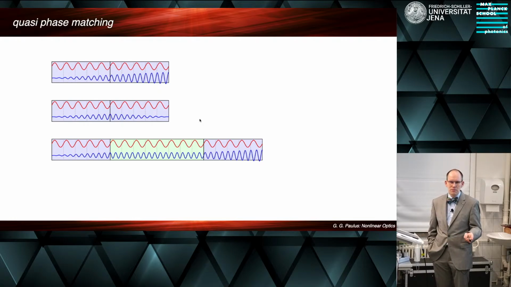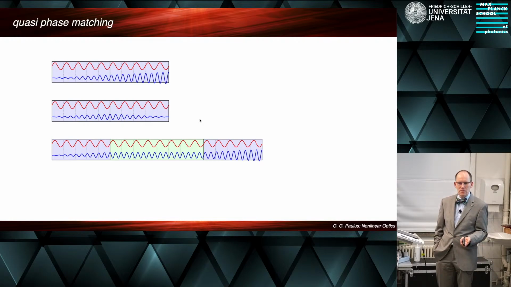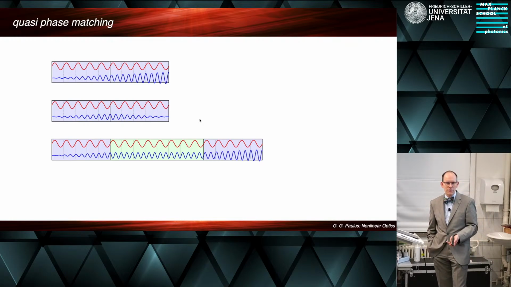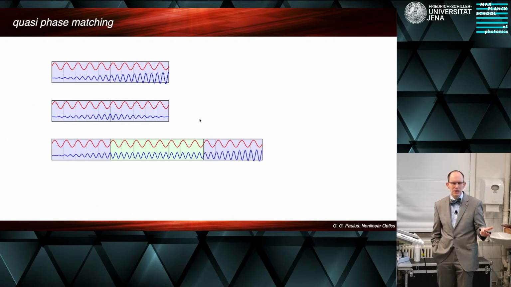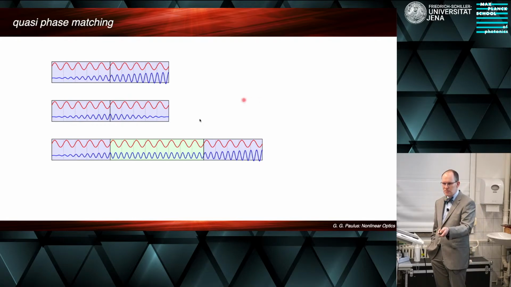I think the number we calculated was 5 micrometers or so. So it will be very difficult, if not impossible, to produce this. But under certain circumstances, like high harmonic generation in gases, this idea is actually an option.